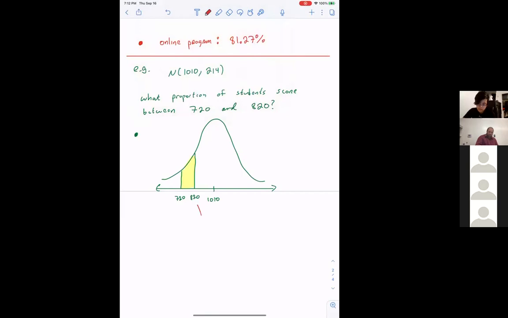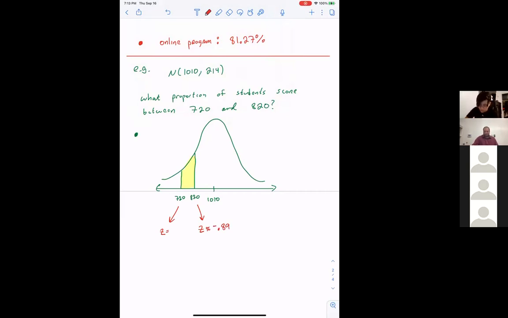So what I'm going to do is calculate each Z score. Now, of course, I should already know the Z score for the 820. What's the Z score for 820, to 2 decimals? The negative 0.888, or approximately negative 0.89.